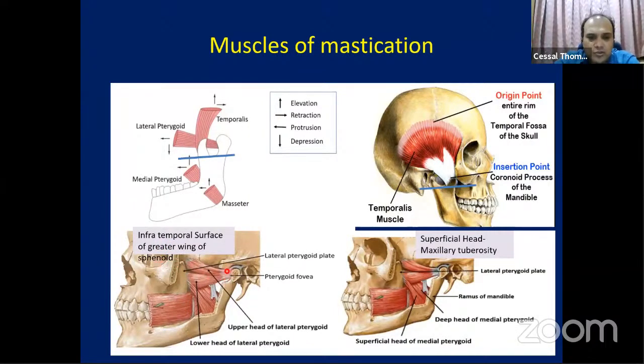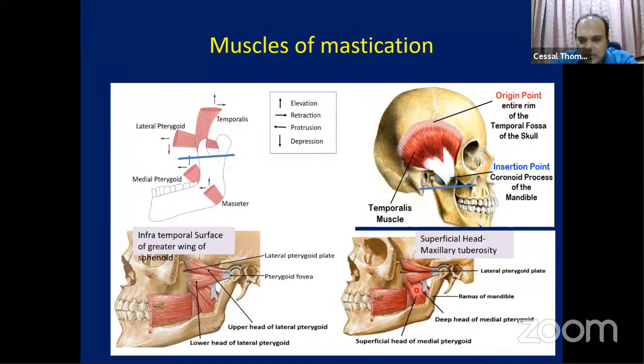It is inserted into the condylar process. So this is a supra-notch disease. This is the insertion of the lateral pterygoid, and this is the insertion of the temporalis. So once you see the lesion is coming to the level of the insertion of the temporalis or the lateral pterygoid, or you cannot make them out separately, or there is a break in the mandible on the CT scan, you are dealing with a supra-notch disease.